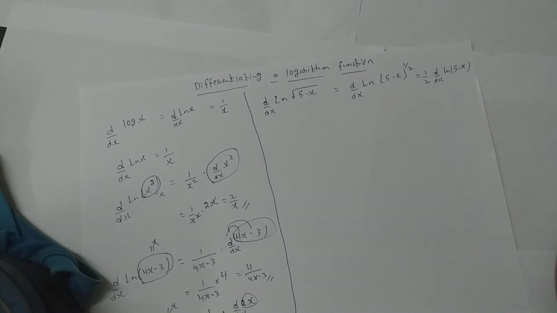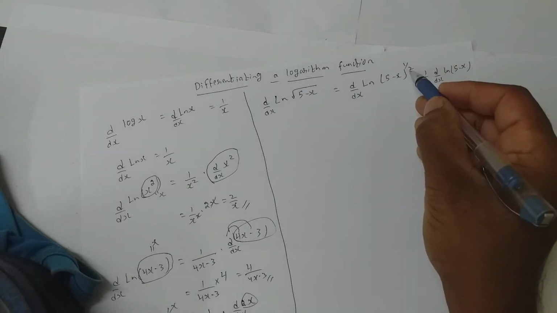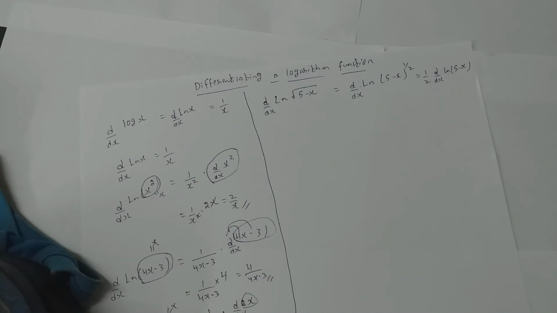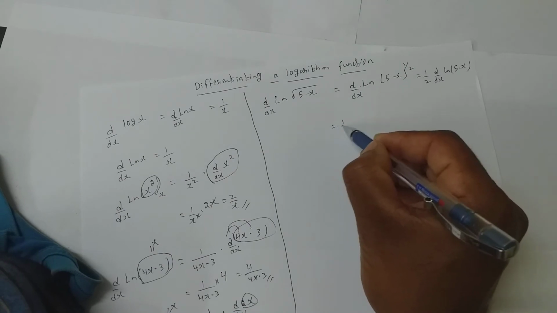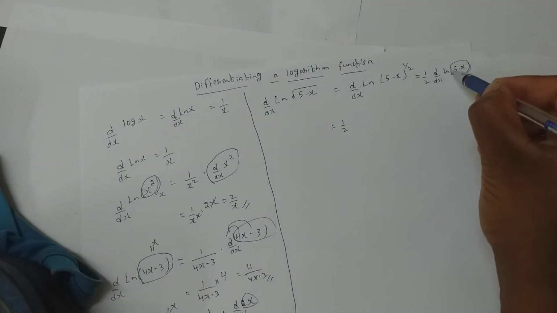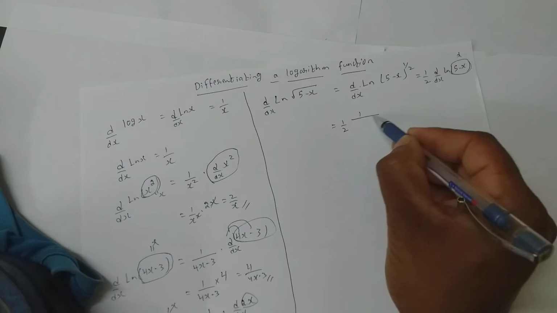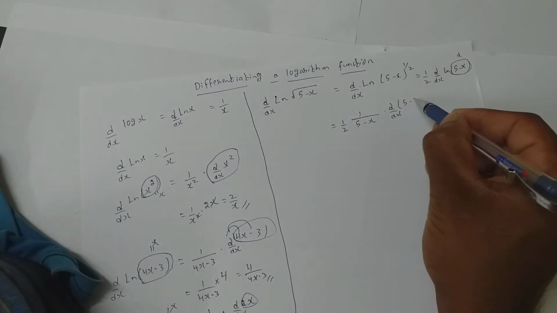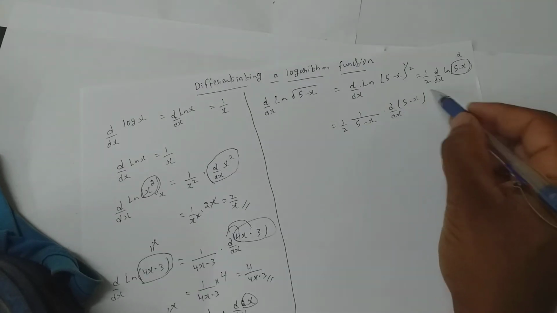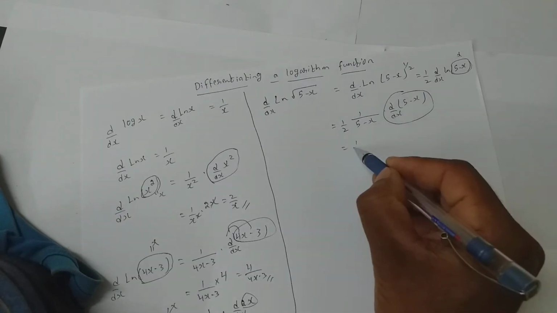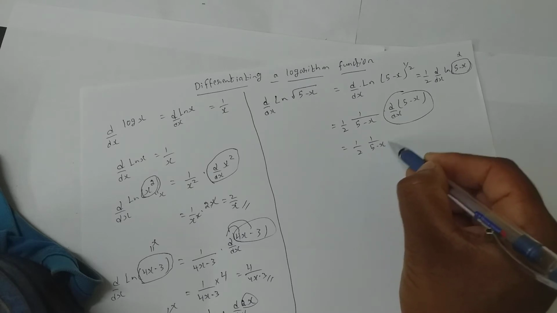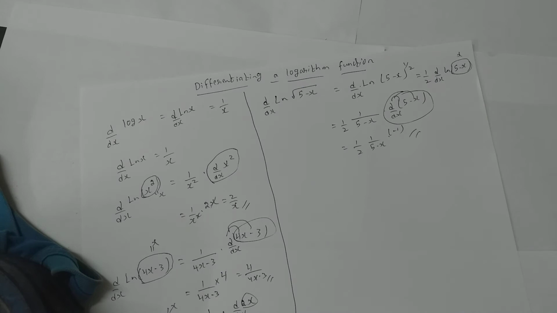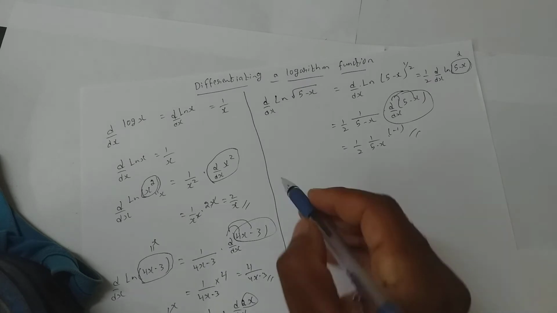I took the power before ln and outside the differentiation. So now it becomes half into ln. Again you will assume it to be x. So ln x is 1 by 5 minus x into d by dx of your assumption. This is important. So it becomes 1 by 2 into 1 by 5 minus x into minus 1. This is the answer. Am I clear?